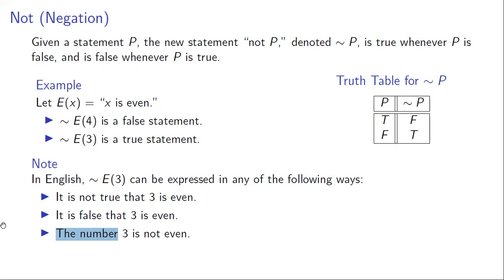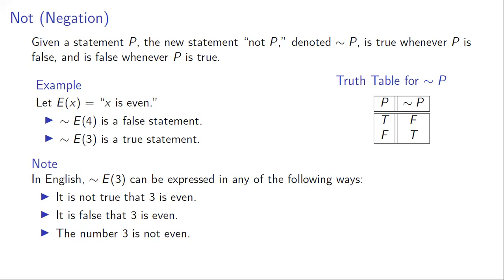You want to start a sentence with words. Really, I could just say 3 is not even, and in speech it's fine to say that, but in written English, typically you don't start a sentence with a digit or a numeral.